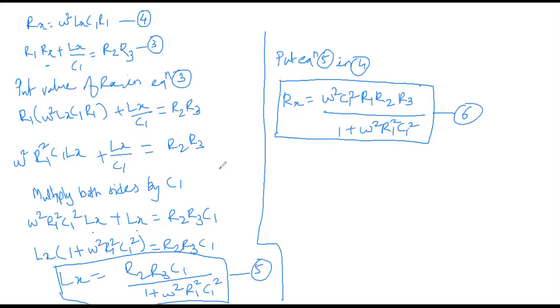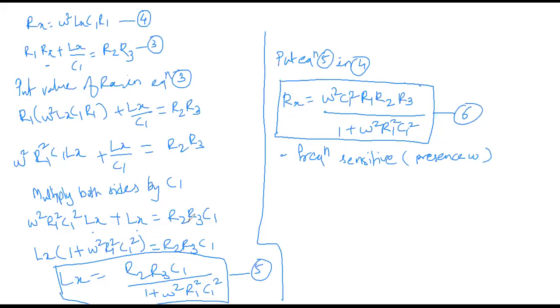One term appears in both equations, omega, which indicates that the bridge is sensitive to frequency. Why? Because of the presence of the omega term in the equations of Lx and Rx.